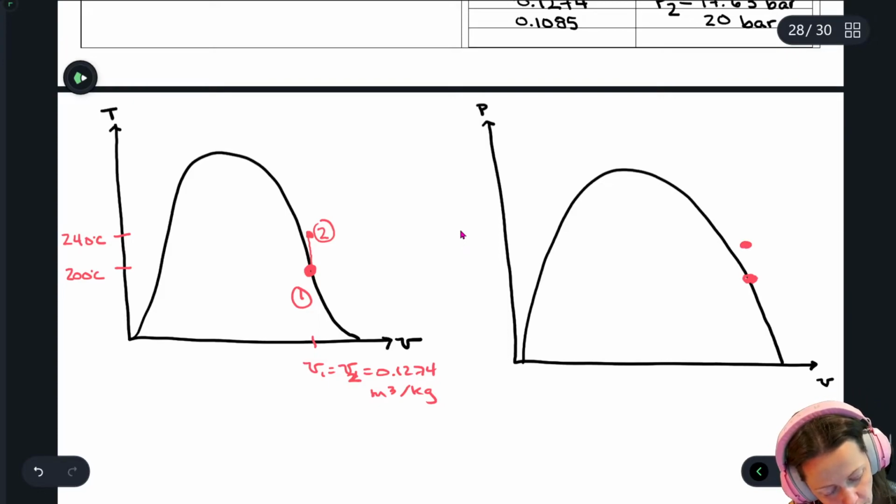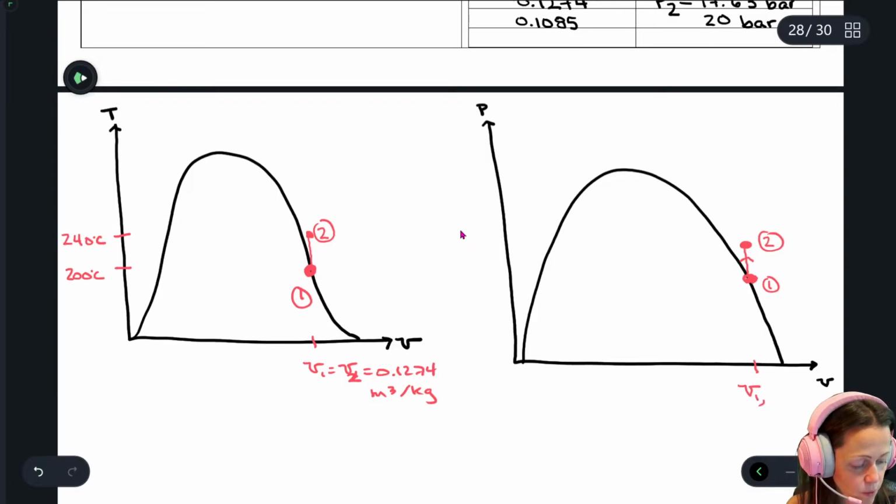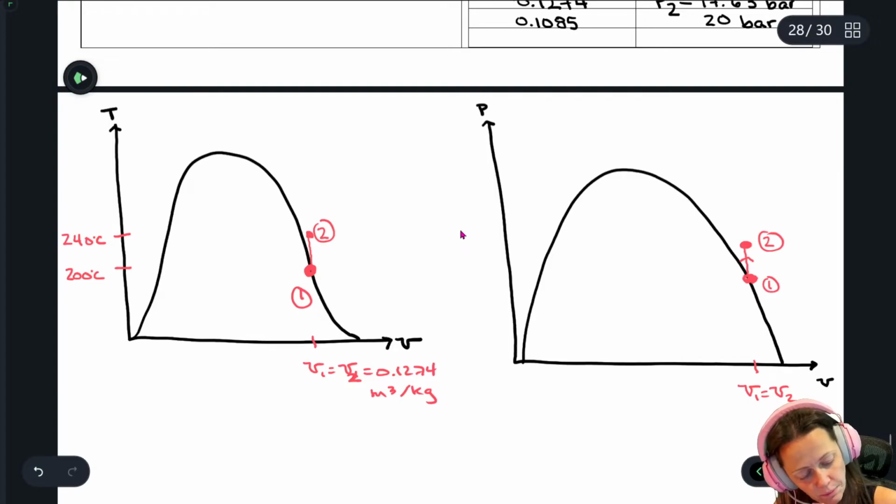It's also going to go up like this. So this is state 1, this is state 2, and V1 is equal to V2. Sorry about that little comma there, I'm going to delete that. There we go. And we had figured out what P1 was.